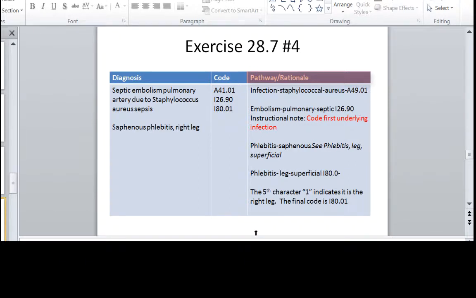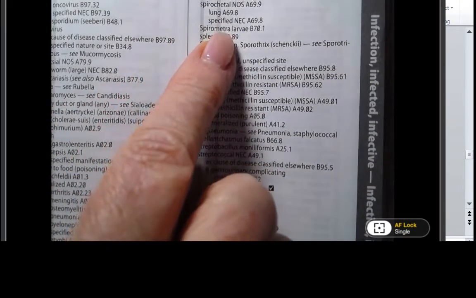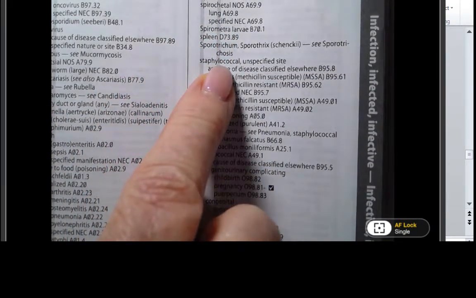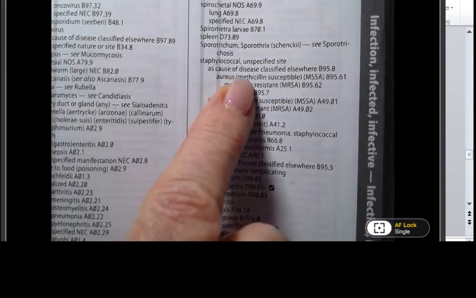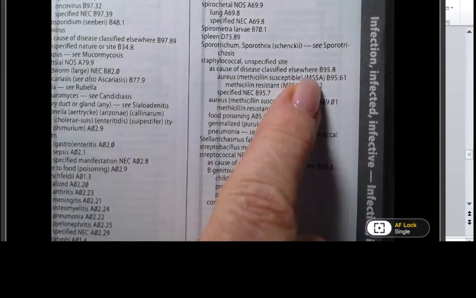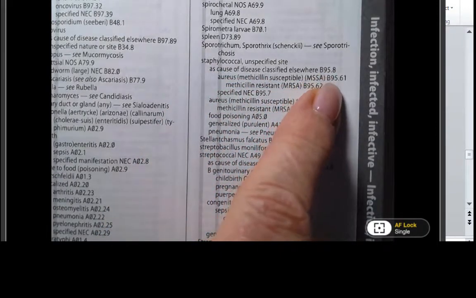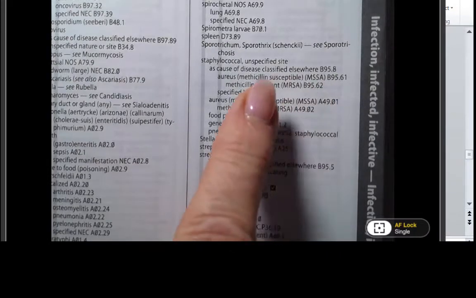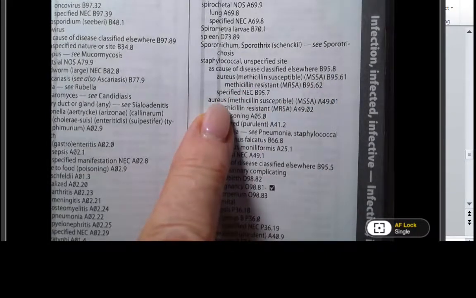So let me show you in the alphabetical index what that would look like. We're under infection, staphylococcal. This is what we typically have coded as a cause of disease classified elsewhere with these B95 codes. But in this case, it is strictly just a Staph aureus infection.